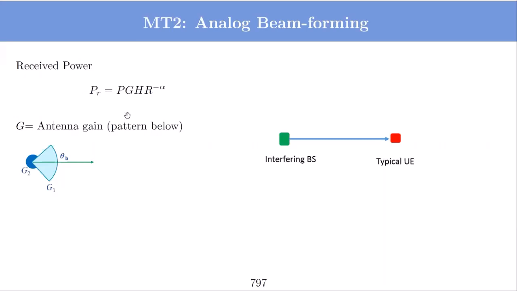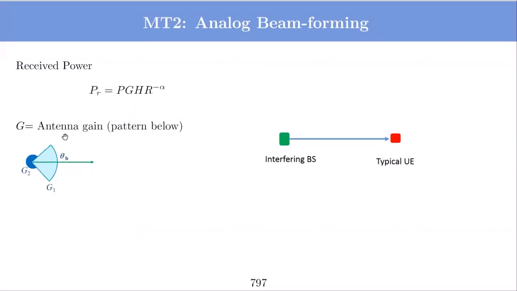So the receive power will be given by the transmit power times fading, where H is the fading, R to the minus alpha is the path loss, and G is the antenna gain, which will depend on the angle, the user orientation actually, right?